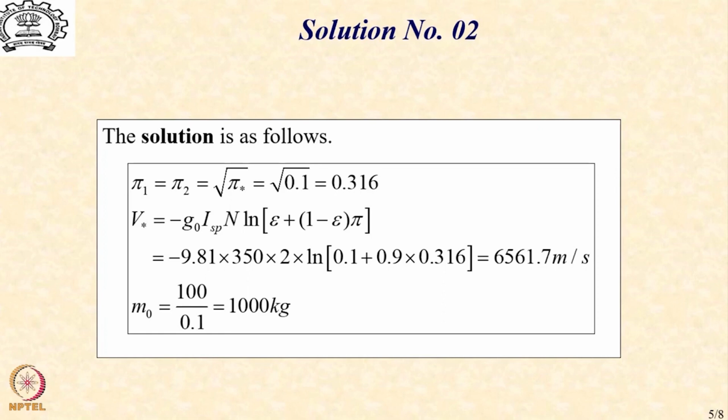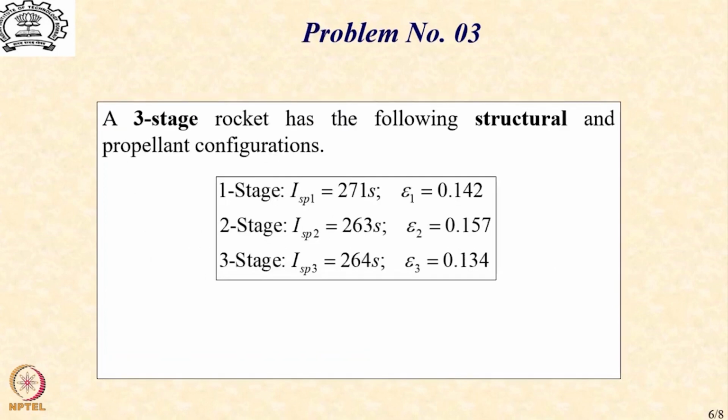Let us now move over to a problem where we are going to have unequal stages, which means the stages are not exactly equal. In this case, I have taken a 3-stage rocket which has marginally different Isps and also marginally different structural efficiencies or structural ratios.